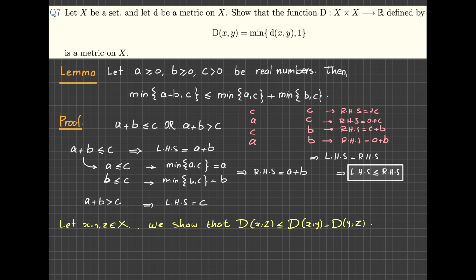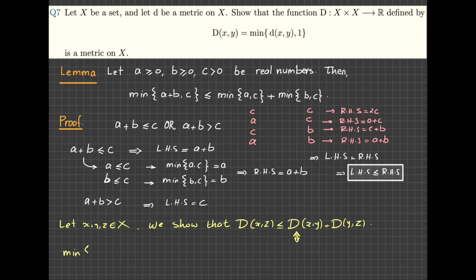Okay. So let me just rewrite them in the language of the problem. So instead of capital D of x and z, I can use this relation and translate it here. This inequality is equivalent to what I am writing here from the left-hand side.